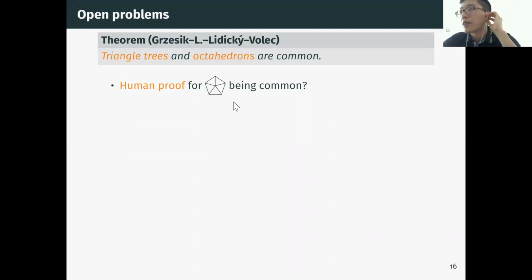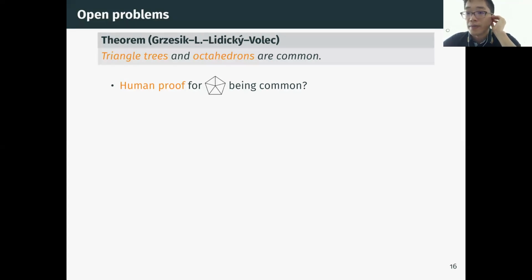So there's another famous question, asked by these people: is there a common graph with unbounded chromatic number? So is there a sequence of common graphs with unbounded chromatic number? Or in other words, is there a common graph with arbitrarily large chromatic number?